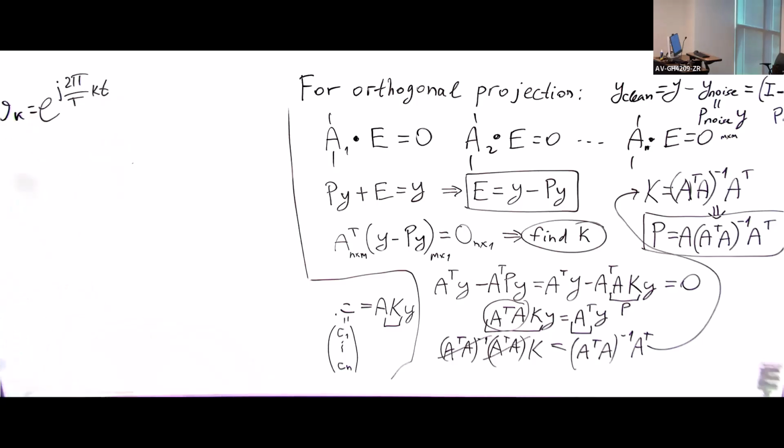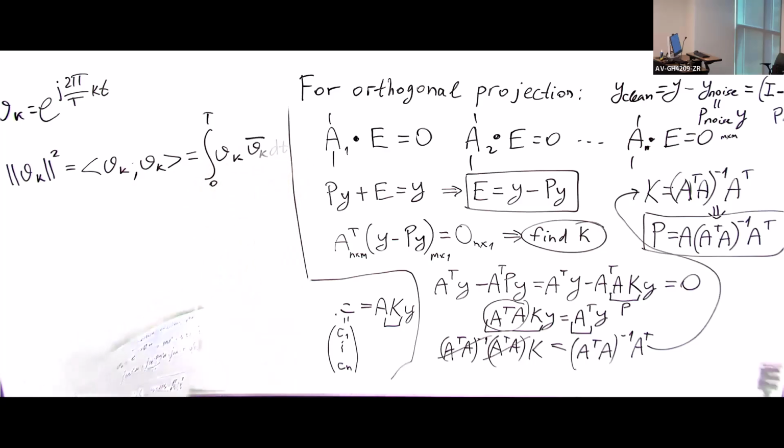You want to compute what that vk norm squared is, by which you need to normalize it to get orthonormal vectors. So this will be the inner product between vk and vk, obviously. And it will be the integral from 0 to period T of vk times its conjugate, dt. This is the definition of the inner product between vk and vk itself.